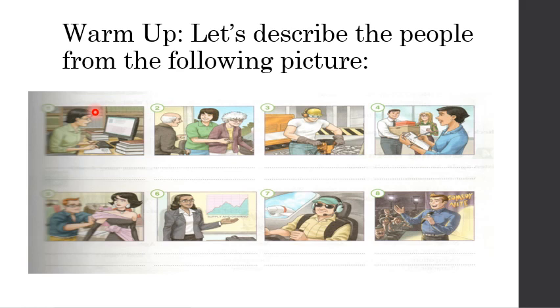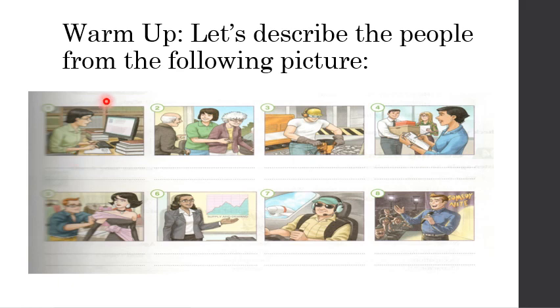Alright? Because our lesson is focused on describing the people's character or personality. What do you think is the personality of this woman? She is what? Alright? You can pause your video and try to think of any character or personality from this picture.